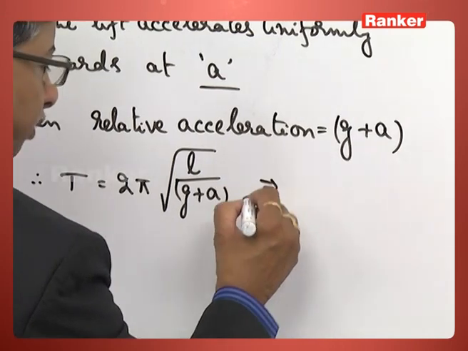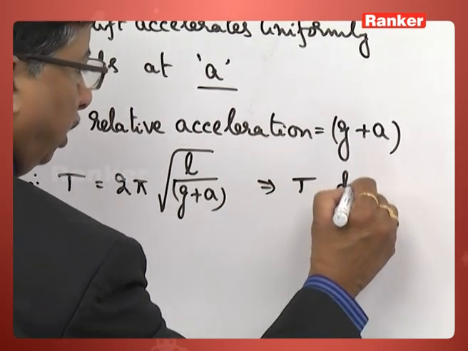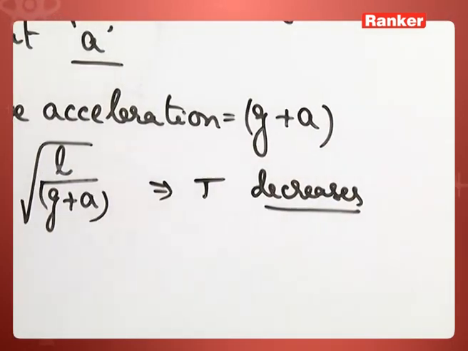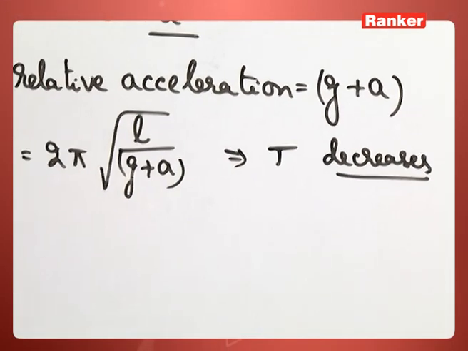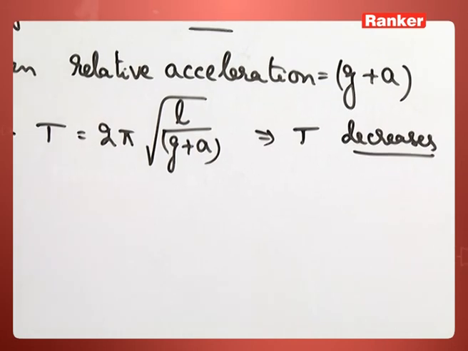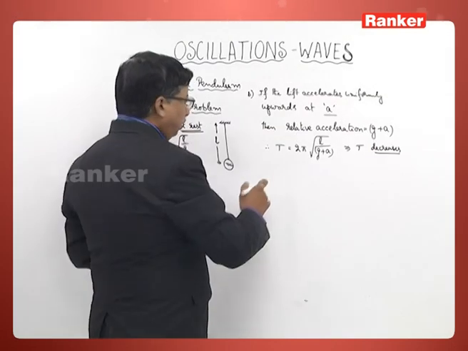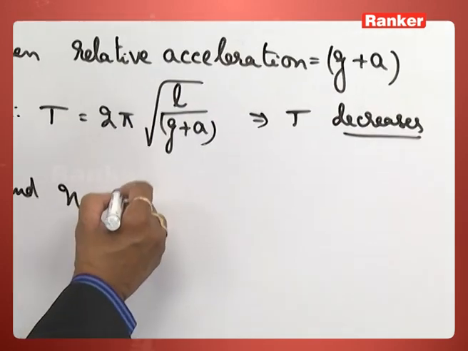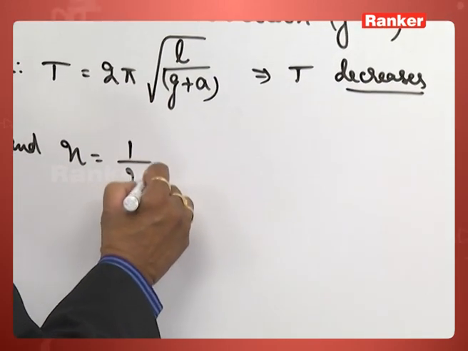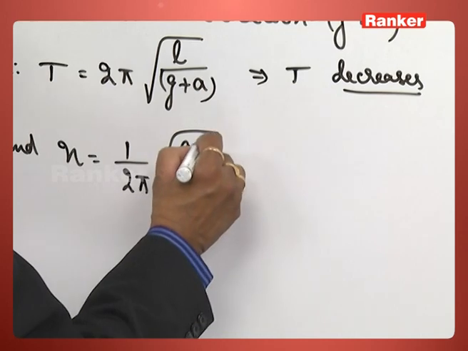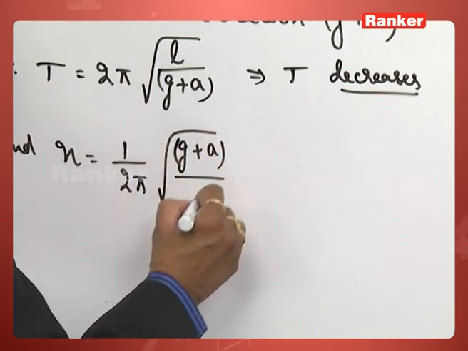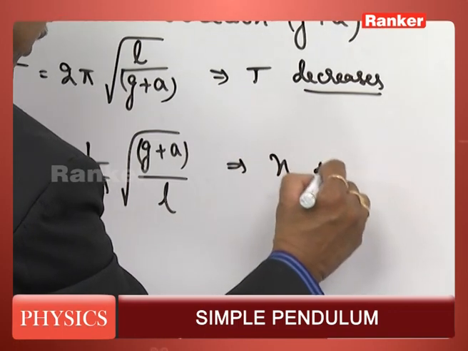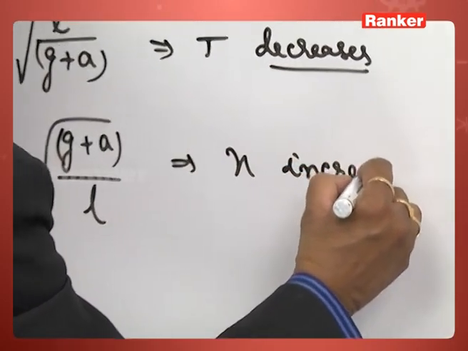What can you infer from this? Time period decreases, because the denominator is increasing here, automatically one can say time period decreases. And for frequency, that now becomes 1 by 2 pi under root (g plus a) by L. This implies frequency increases.